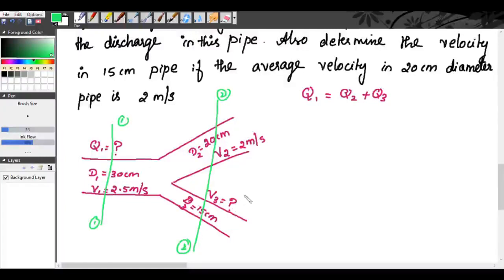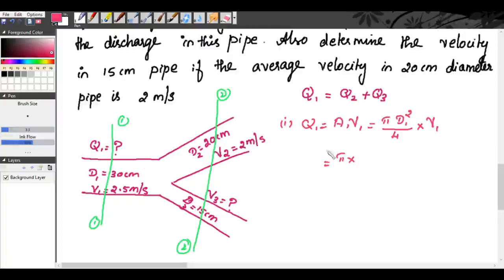So now, what is Q1? See, we know what is D1 and what is V1. So our first answer, that is Q1, is equal to A1 into V1. Now what is A1? Pi D1 square by 4 into V1. We know it is pi into the diameter, which is 30 centimeter, that is 0.3 meter.